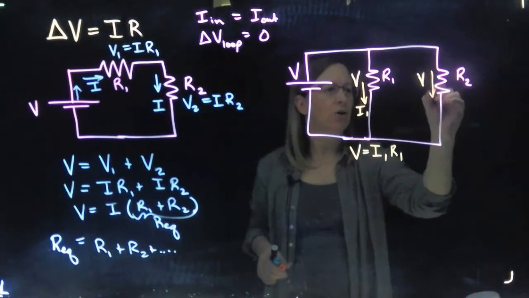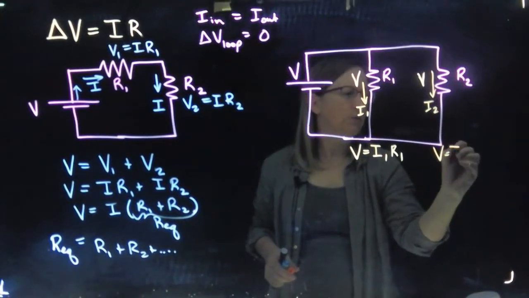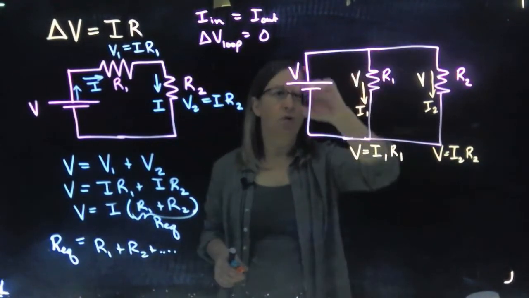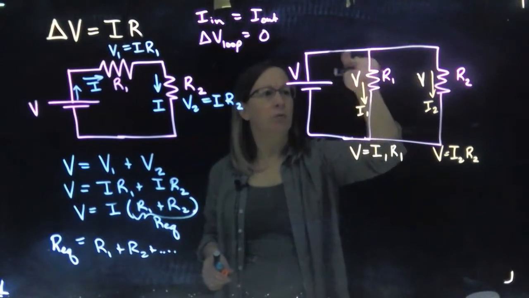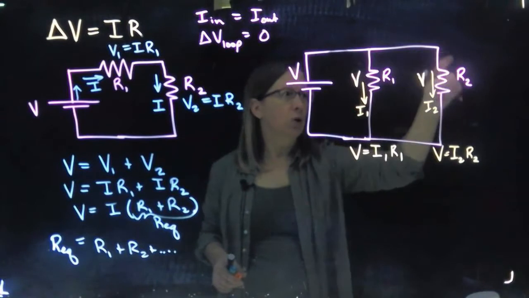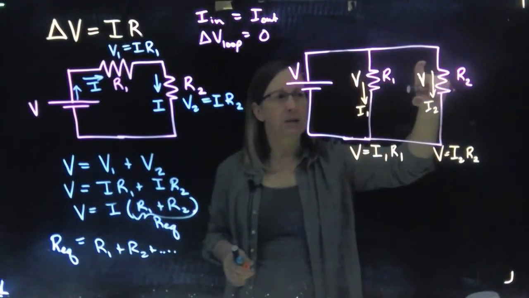And we have a current I2, and so we can say V is equal to I2 R2. So that's our voltage loop. In other words, if we went through the loop this way, we'd say V is equal to this V, or if we went through the loop through the outside, 2 different paths, this V is equal to this voltage.